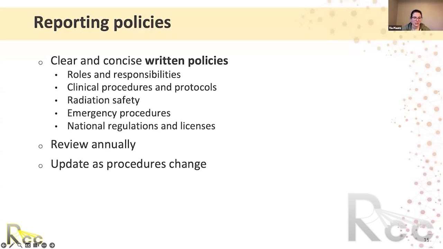It should include clinical procedures and protocols. It ideally will include information about radiation safety in your clinic, all emergency procedures for the clinic, and usually also for your hospital institution as a whole. And it should have information about all the national regulations and licenses that are required for meeting the requirements of your state or country.